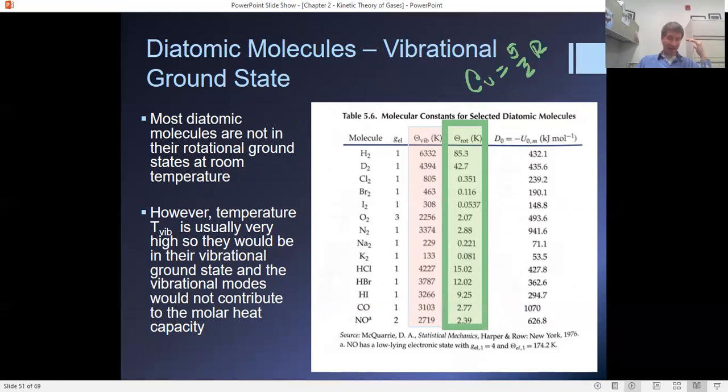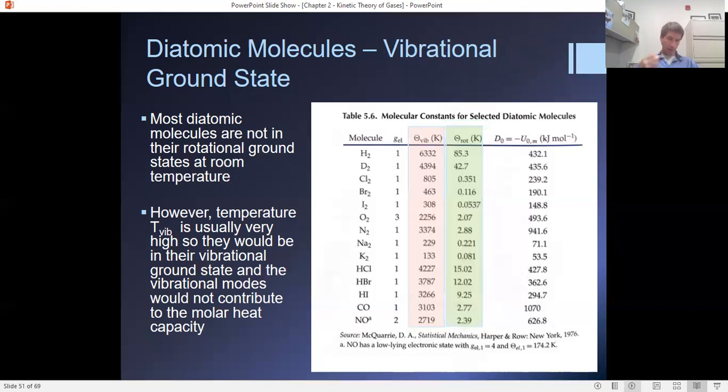Now, if you heat a gas high enough, then we have to consider vibrational modes. But look at these temperatures at which the vibrational modes kick in. For air, you'd have to heat it up to a ridiculous 2,256 degrees Kelvin, and I'm not sure that that gas would not dissociate at that level.